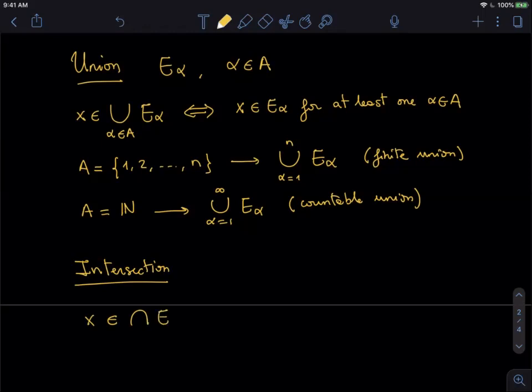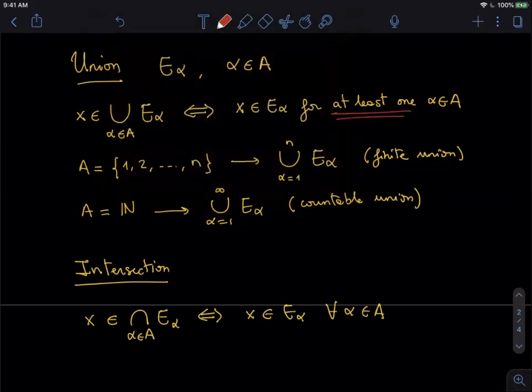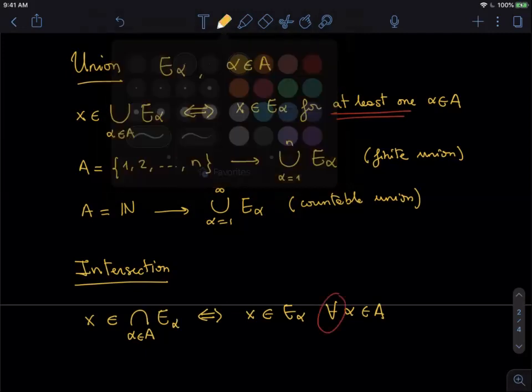X is in the intersection of the E alpha with alpha in A if and only if X belongs to E alpha for every alpha in A. So the key point that we need to realize is at least one in the case of the union and for all in the case of the intersection.